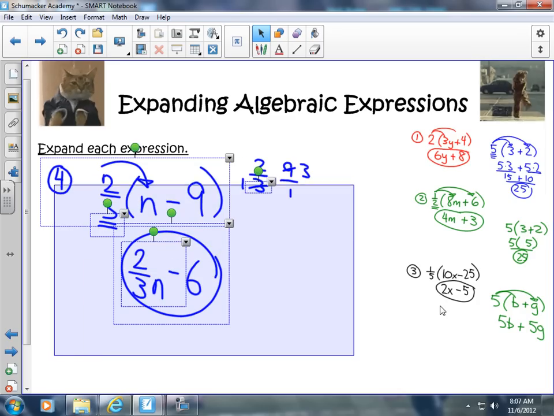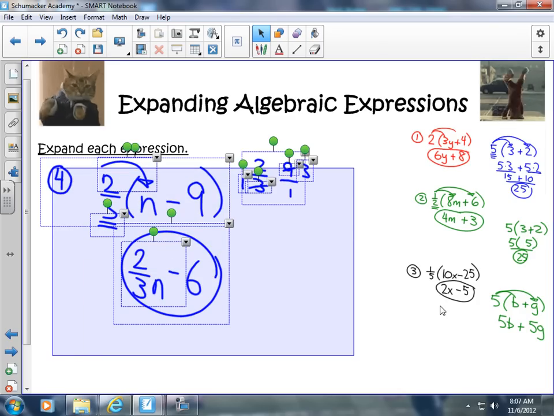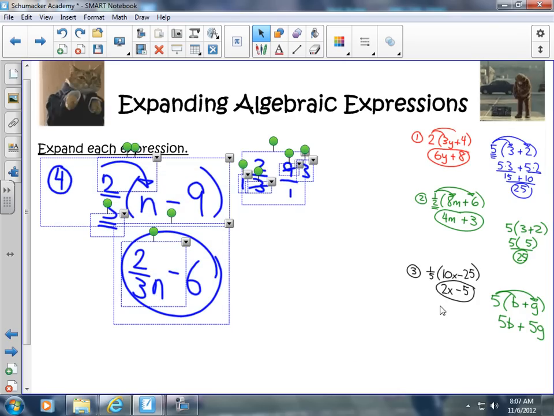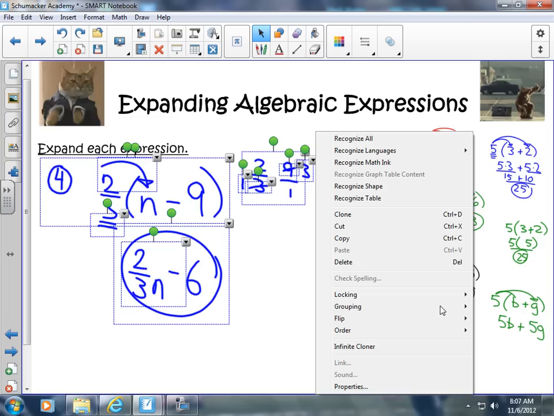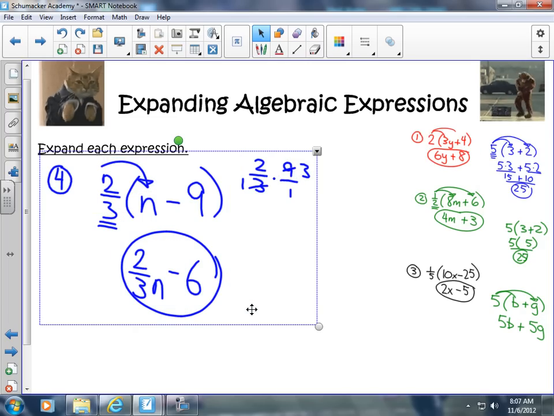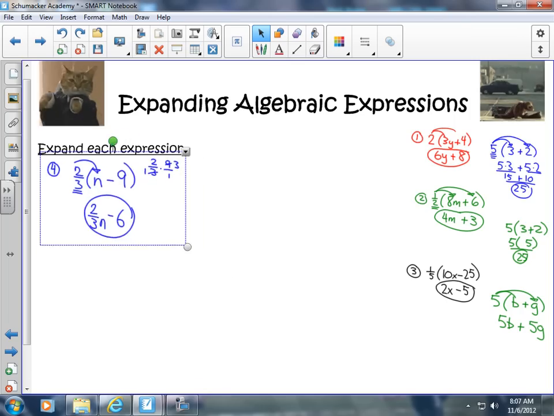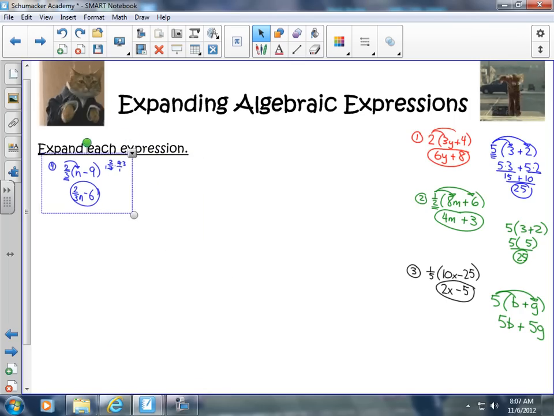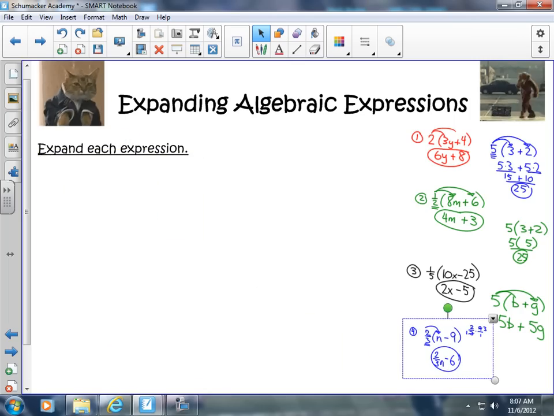Now, I would caution you, only do that when the denominator is a factor of the number we're dealing with. Like 3 is a factor of 9. Therefore, it would go in nice and evenly, and we wouldn't have to deal with any remainders. That's why we were able to do that.